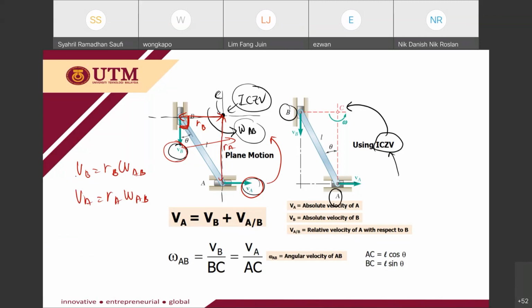So if you know VB, then you can determine what is the angular velocity of this rod AB.